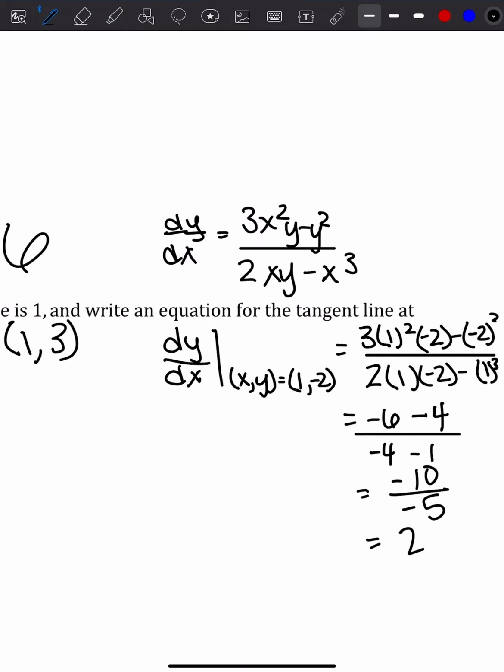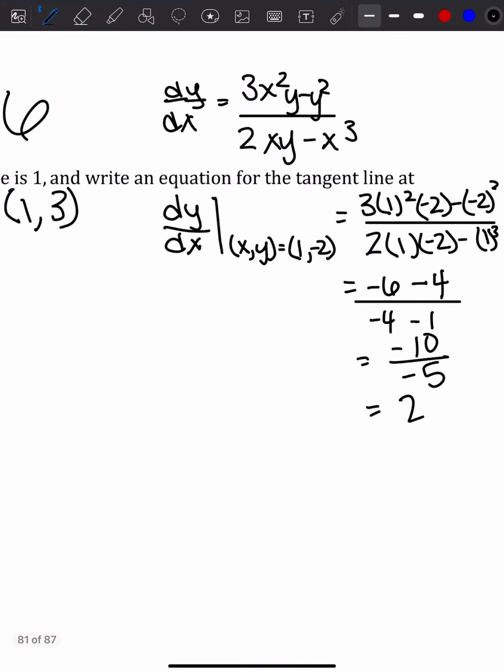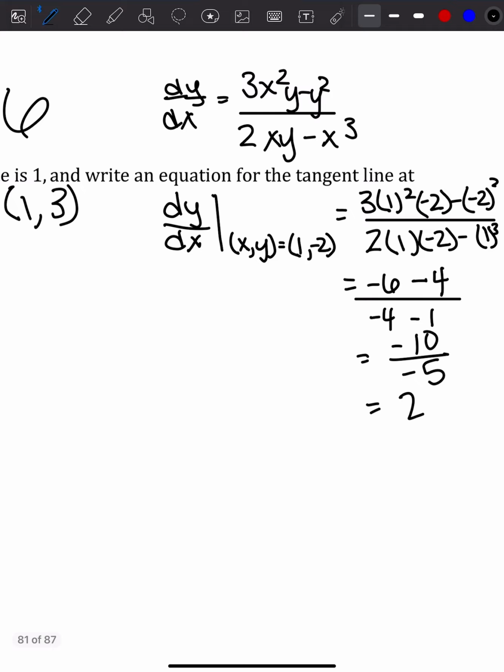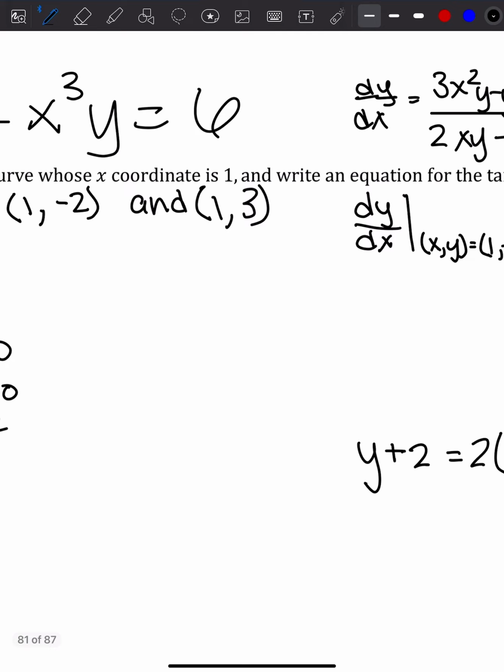So the slope of our function at the point 1, negative 2 is 2. So I can go ahead and write my linear equation: y minus our y value, which is negative 2, so plus 2, equals our slope, m, times x minus our x value. This is going to be one of our two tangent lines, and now I just need to find the other one at 1, 3.